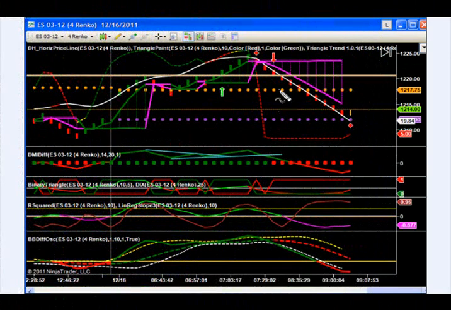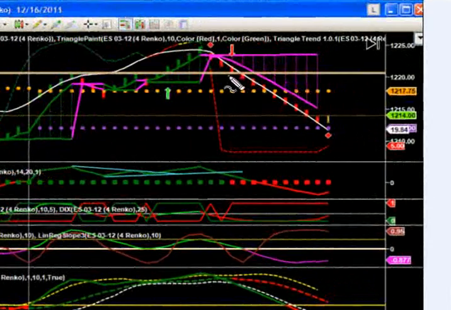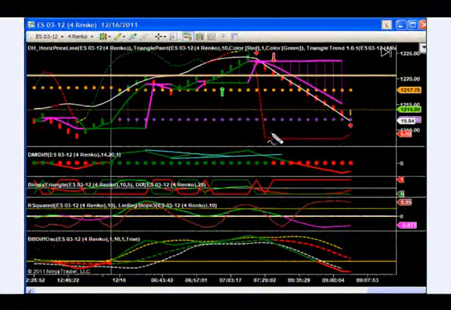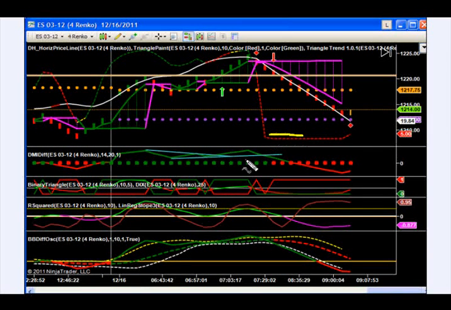Now here is my second trade of the day. I entered in this bar here, and the swing cycle VB was red and plastered along the bottom right here, which it will often do on a strong downtrend.